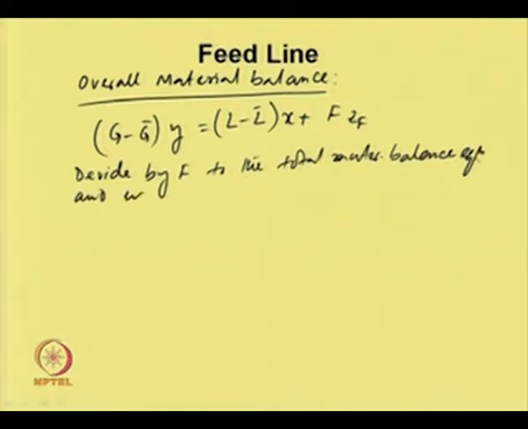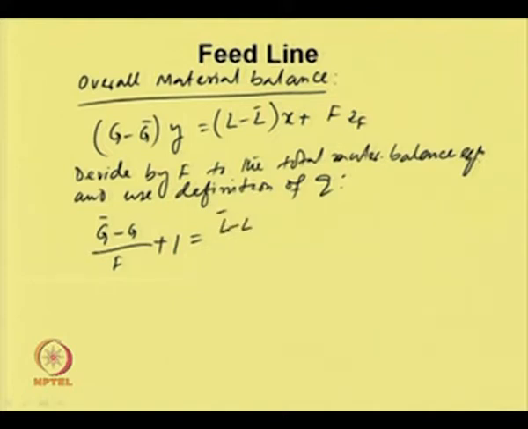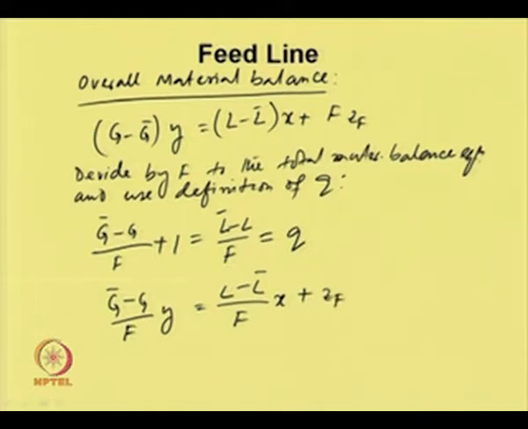and use the definition of Q, we can write G bar minus G by F plus 1 would be equal to L bar minus L divided by F. This would be equal to Q. From this relation, we can write G bar minus G by F times y is equal to L minus L bar divided by F times x plus zF.